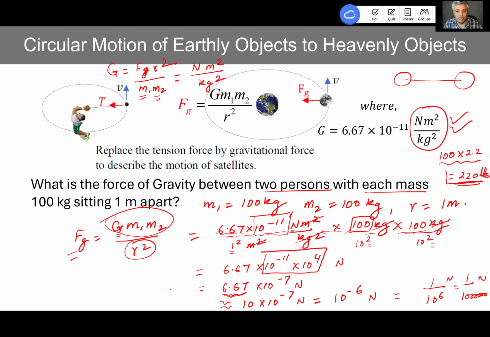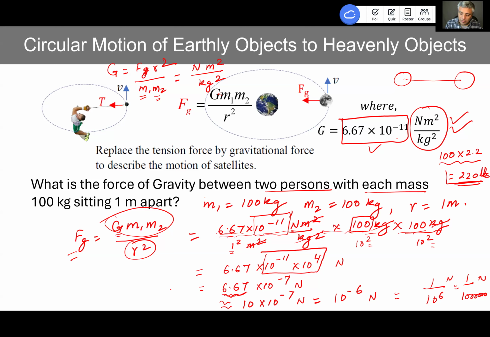I'm talking about actual pull, not some sort of lovely attraction. The force of gravity is small because of the small value of this constant.